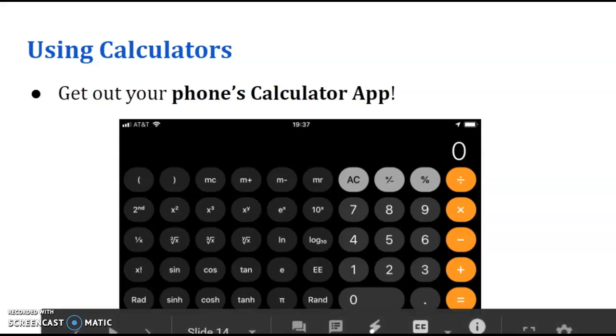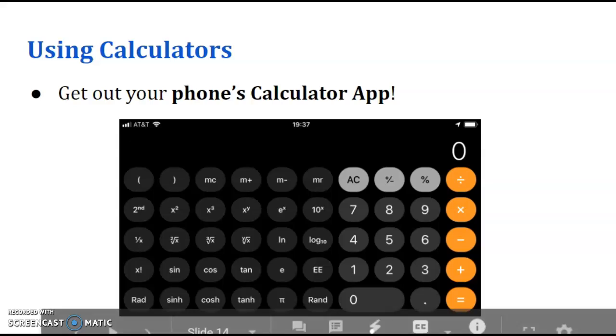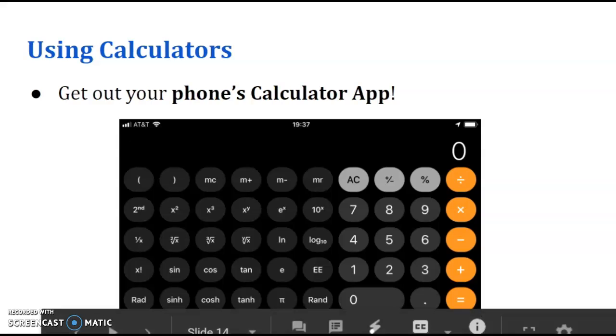On my iPhone, sine 30 degrees gives me 0.5. Tangent of 45 degrees should give me 1, and so on. To do the inverse, you need to press the second key, and that should pull up inverse sine, sine with a -1 at the top.